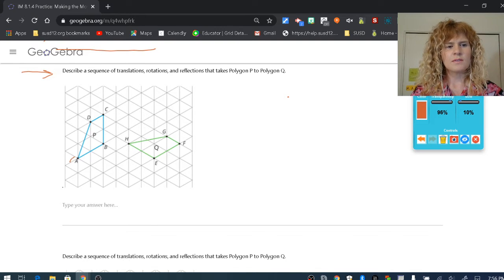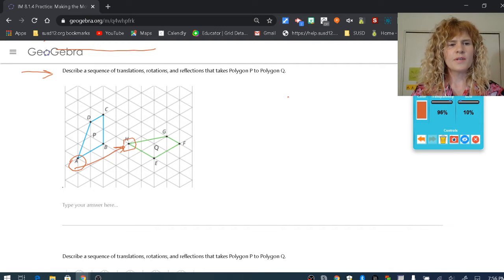Here's what I see. Point A translates to point H. If so, our figure looks like this. And then we need a 60-degree rotation clockwise.